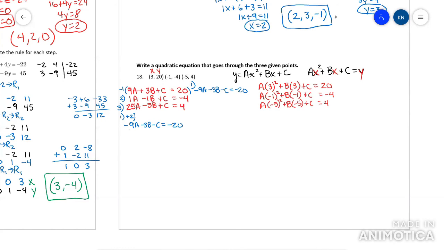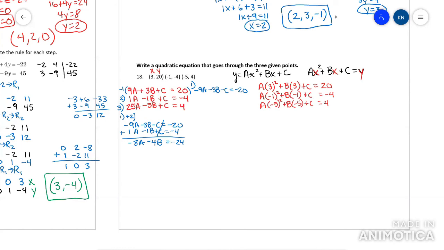Plus equation 2. Add them together. All right, there we go. I got one. I eliminated the letter C one time.